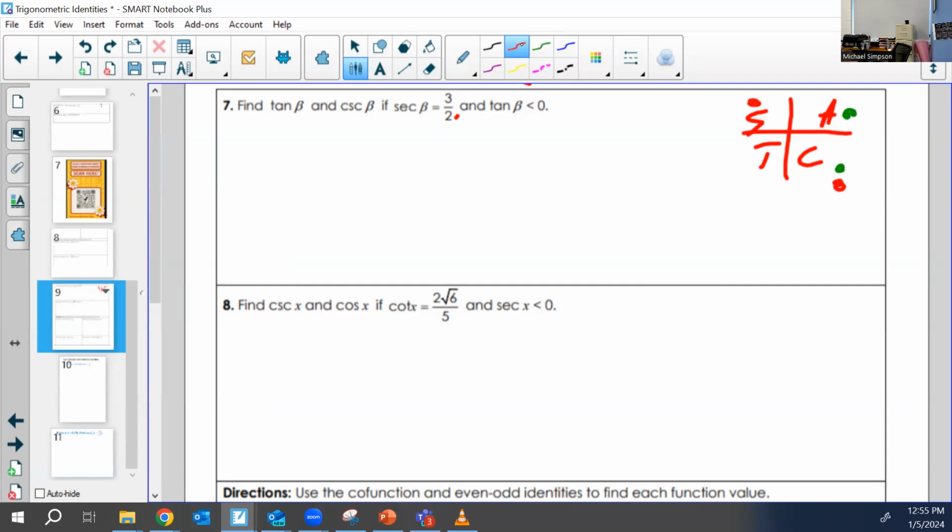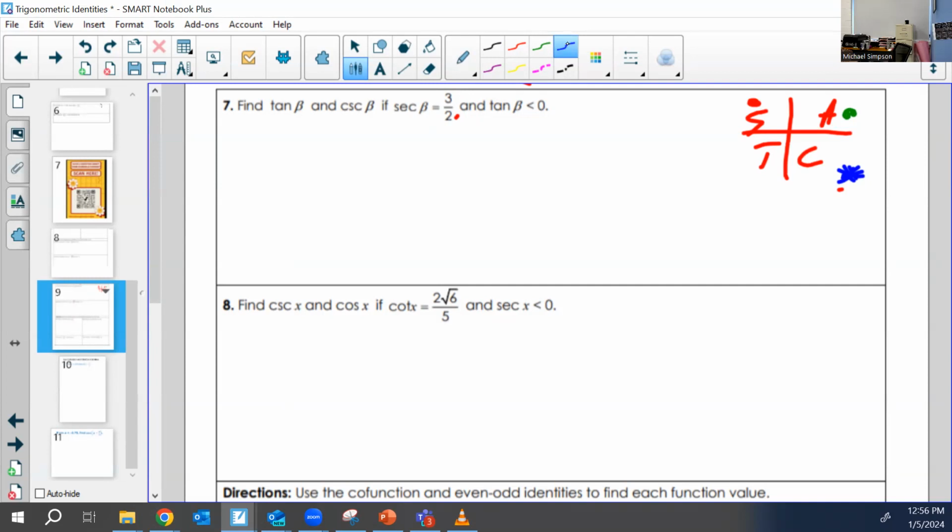So we're looking at the 4th quadrant. That's where the angle is. Right, in sine and cosine. Good.